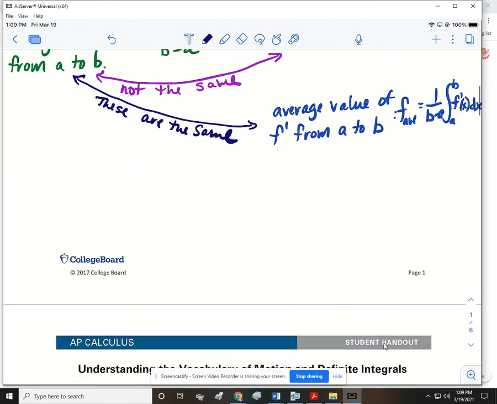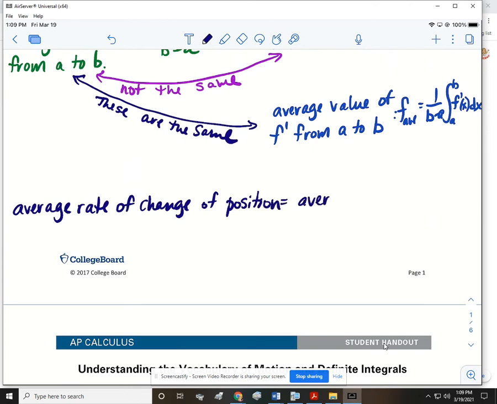Okay, so the average rate of change of position is equal to the average value of the derivative of position, or position prime, which is going to be velocity.